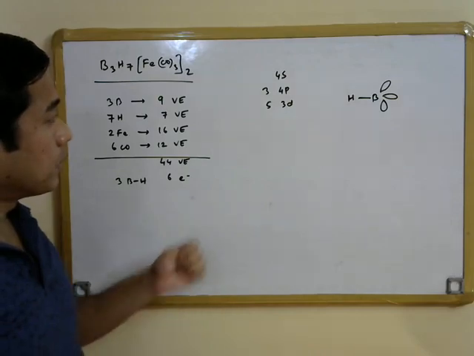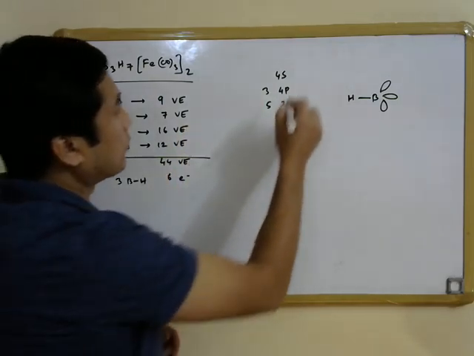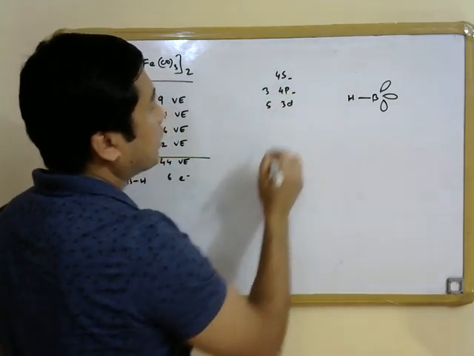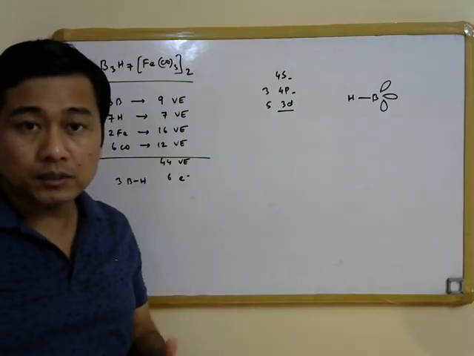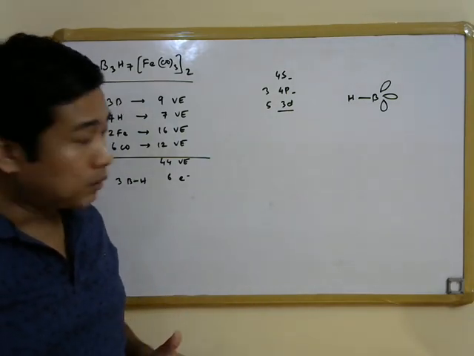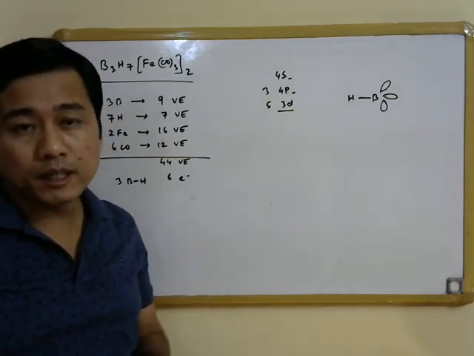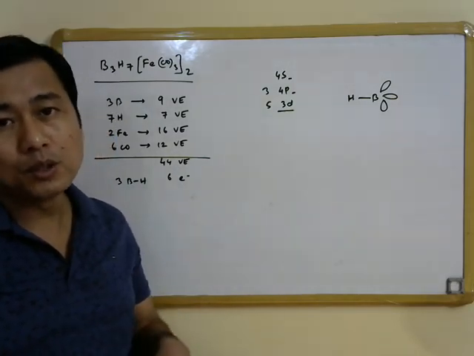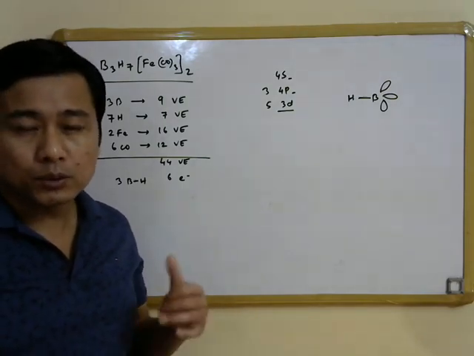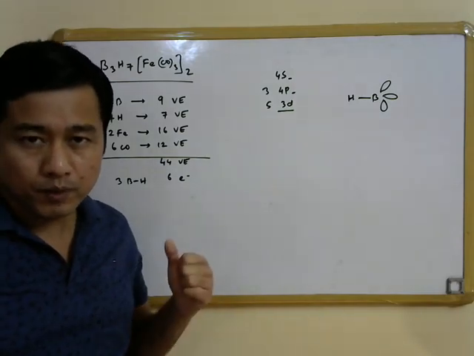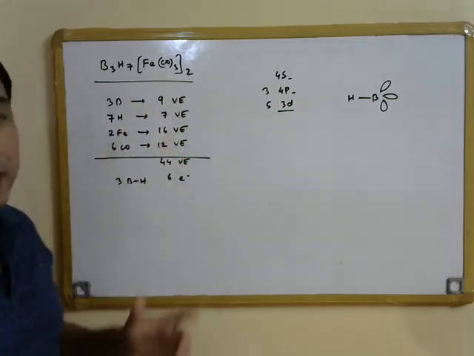So since iron has a total of 9 valence orbitals, 1 s orbital, 3 p orbitals and 5 d orbitals, such transition metals have 9 valence orbitals, and out of these, only 3 orbitals are going to be used for polyhedral skeletal bonding, and the rest will not be used for polyhedral skeletal bonding. Instead, they will be used for binding with the ligands.